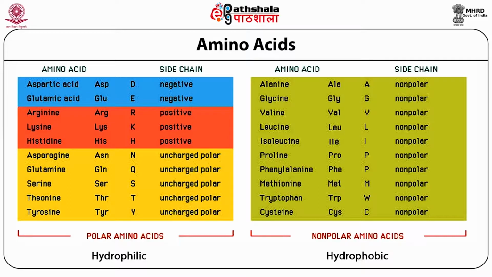Examples are aspartic acid, glutamic acid, arginine, lysine, histidine, asparagine, glutamine, serine, threonine, tyrosine, which belong to hydrophilic or polar amino acids, whereas alanine, glycine, valine, leucine, isoleucine, proline, phenylalanine, methionine, tryptophan, cysteine belong to non-polar amino acids, also known as hydrophobic in nature.